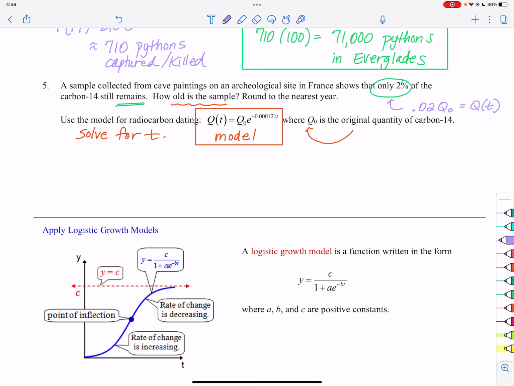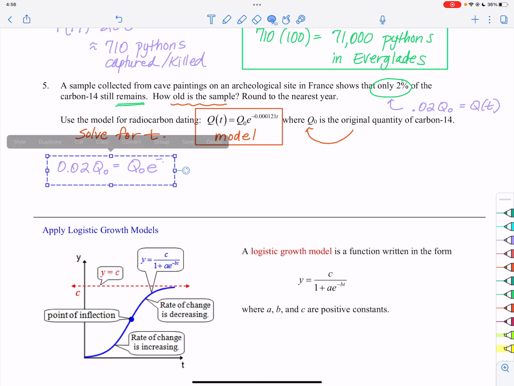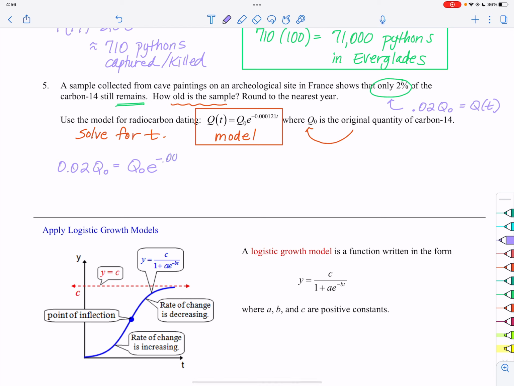So 0.02 of what we started with equals what we started with times e to the negative 0.000121 t.